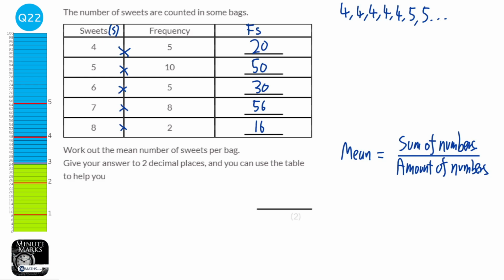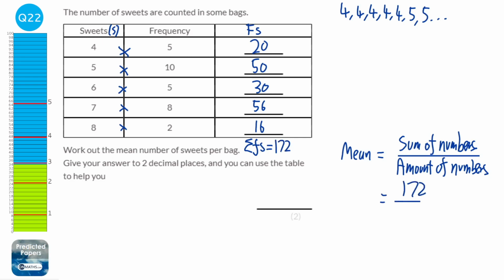Well, we know these add up to 20, these add up to 50, these add up to 30, etc., but altogether, they're going to add up to whatever this column adds up to. And we can show that as sigma fs. And we just add up the 20, 50, 30, 56, 16. So we add up that column, which is going to be 172. So we know the top is 172.